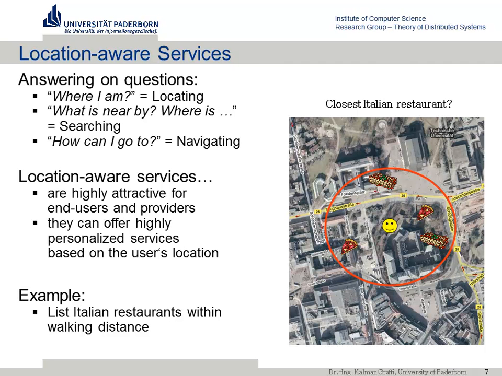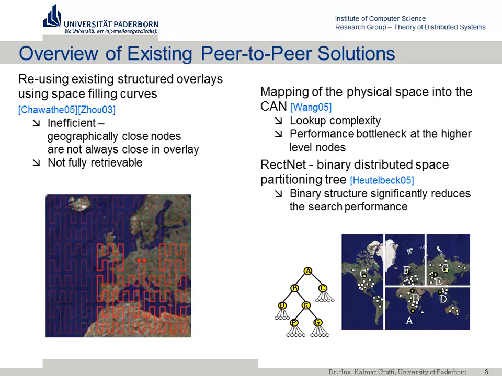So how can this be done in a peer-to-peer fashion? Just to show you a perspective how it can be done with our previous knowledge. If we would take, for example, a structured peer-to-peer overlay like Chord, instead of just having a random or somehow arbitrary ring in the world, we could use the ring to create a specific structure. The ring in this case would go along so-called space-filling curves.